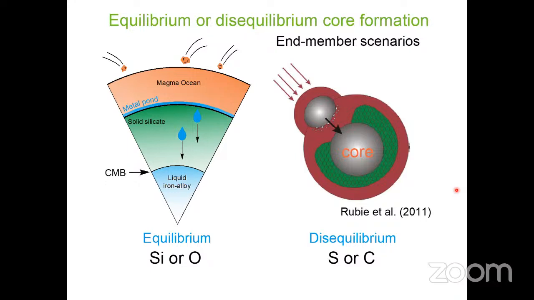So the essence of your model is that the liquid outer core has silicon and oxygen as the light elements. Yes. But thinking about the bigger picture, somehow a liquid with iron, silicon, and oxygen has made its way down into the liquid outer core.